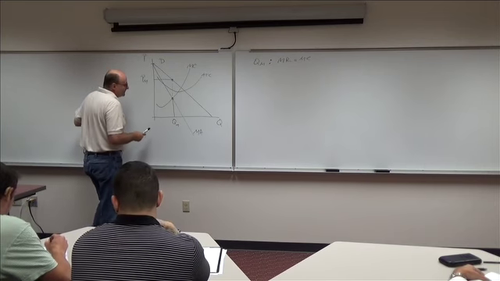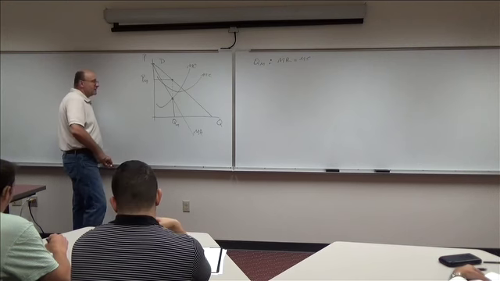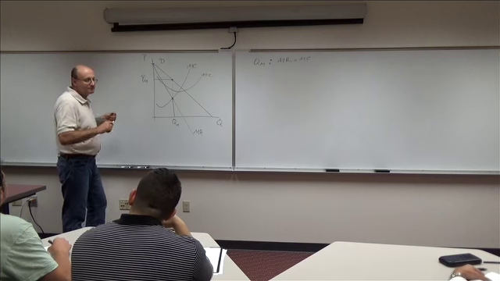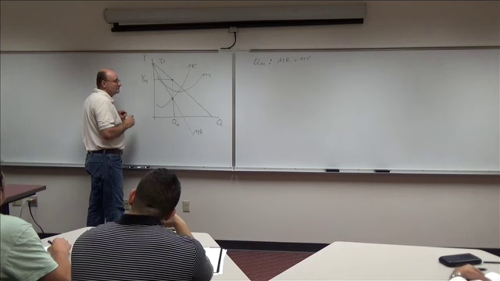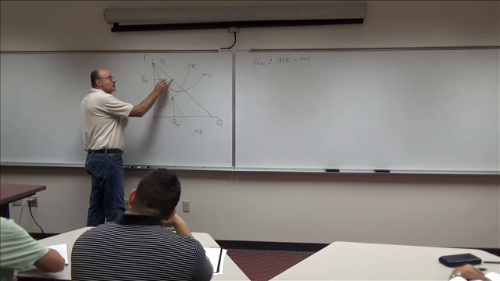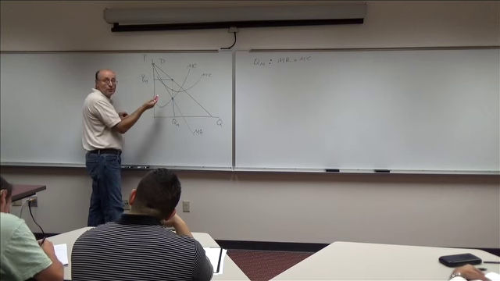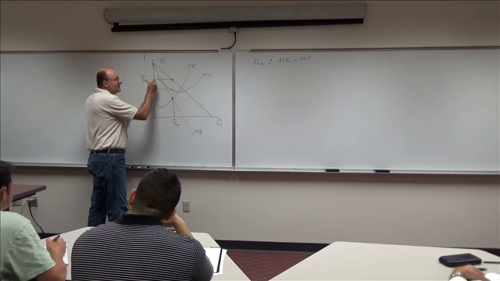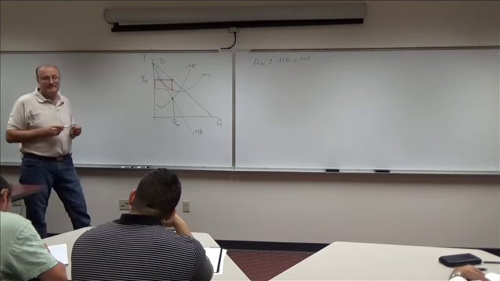So if you sell QM units at the price PM, how much profit does the monopoly generate? Well, if this is the price at which you're selling, and this is the average total cost at which you're producing, then this is the profit. That makes sense?